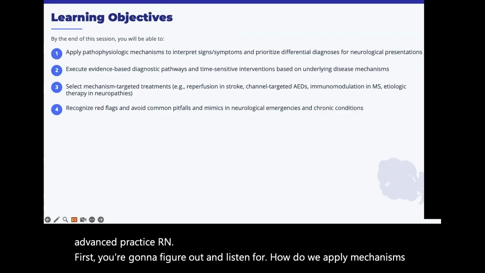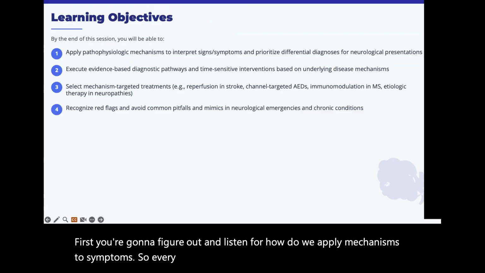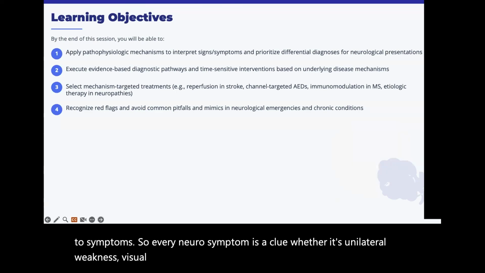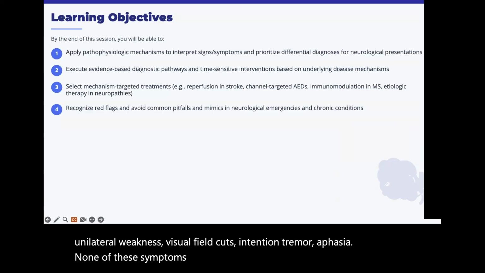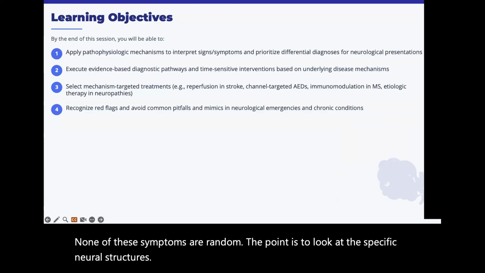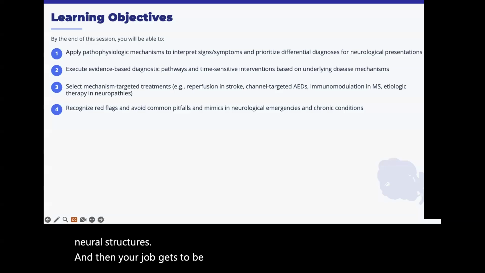Every neuro symptom is a clue, whether it's unilateral weakness, visual field cuts, intention tremor, or aphasia. None of these symptoms are random. The point is to look at the specific neural structures, and then your job is, how do I read this body like a map and let the mechanism tell you the differential?